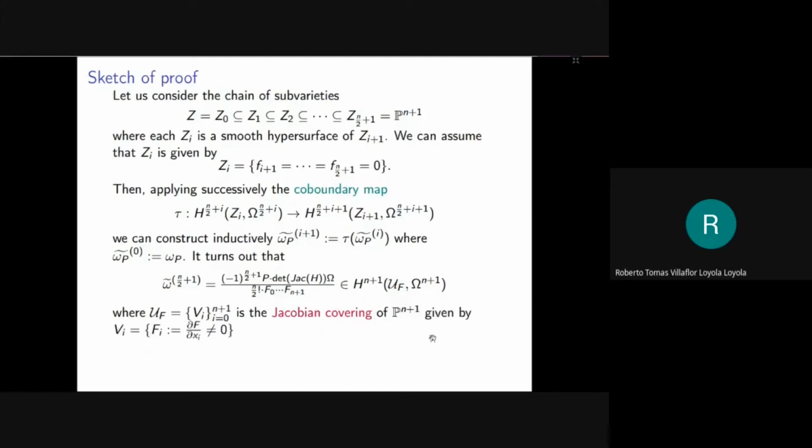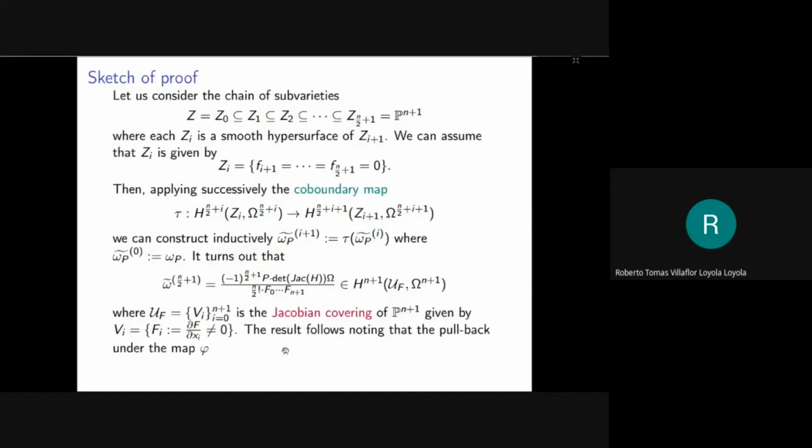And it is given by these open sets Bi, which are defined as the set of points where the partial derivatives of f are non-zero, right? So this is a covering of the projective space because X is a smooth hypersurface.